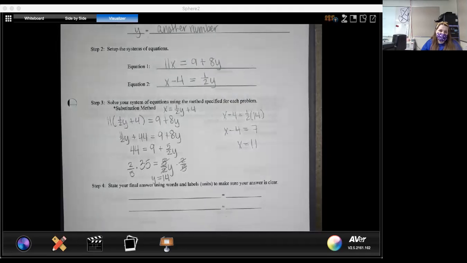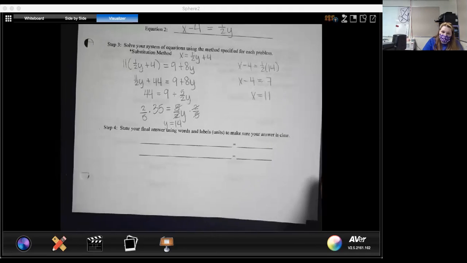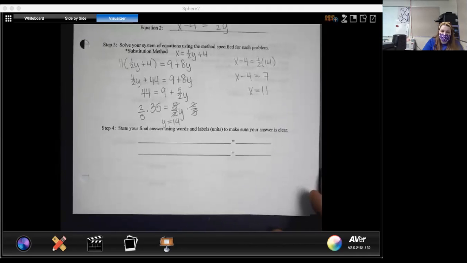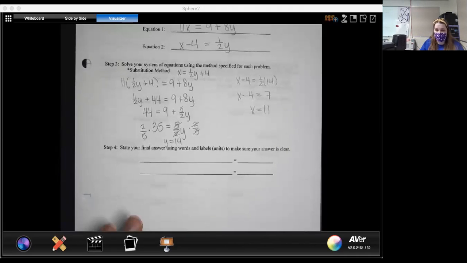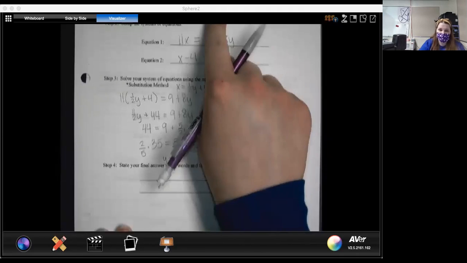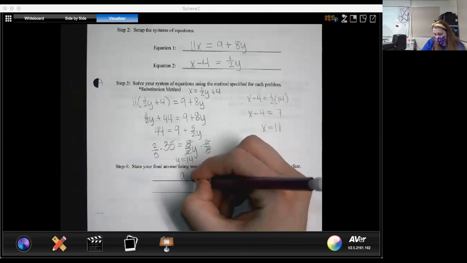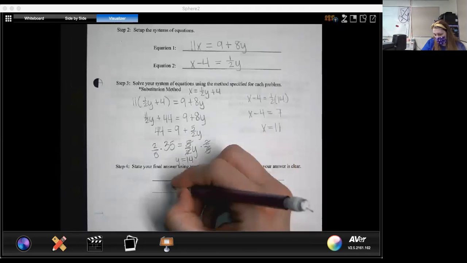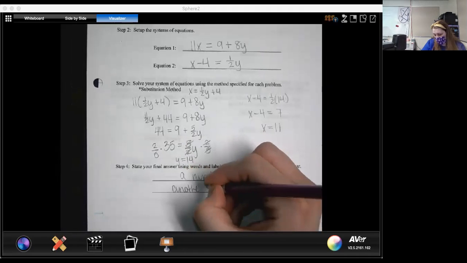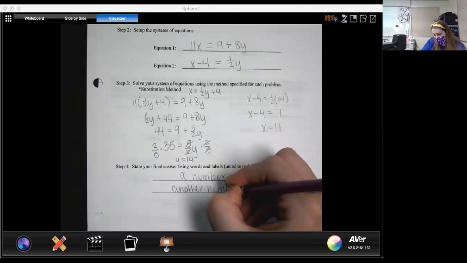Okay, so after you've done all your work in step 3, however substitution method you're supposed to be using, you will state your final answer using words, labels to make sure your answer is clear. So you will not just simply say x equals, y equals, or whatever variables you pick. You will simply rewrite the initial definition. So we had a number and another number, and fill in.